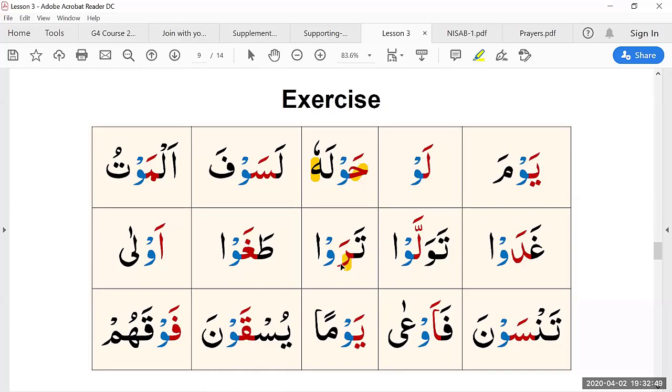If ra carries a fatha stroke, how should it be pronounced? Taraw. Okay, so I'm asking you a question. Yes, that's right. So it should be pronounced with a thick sound. Taraw. Taraw.